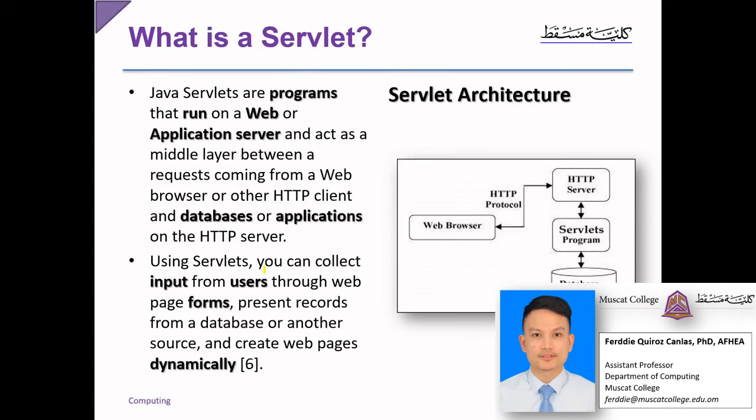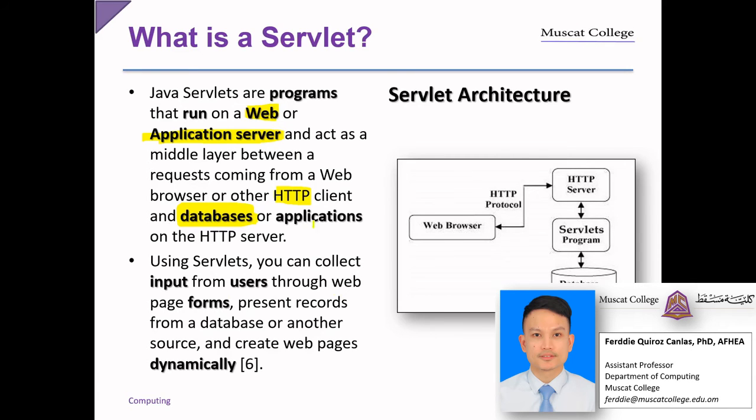So how about the servlet? Java servlets are programs that run again on the web or sometimes on an application server, normally requiring the HTTP protocol. And the first use of servlets, as far as I remember in the past when I was still in my college days, servlets and applets were used to transact with databases, let's say for example, to connect to bank accounts, something like that.